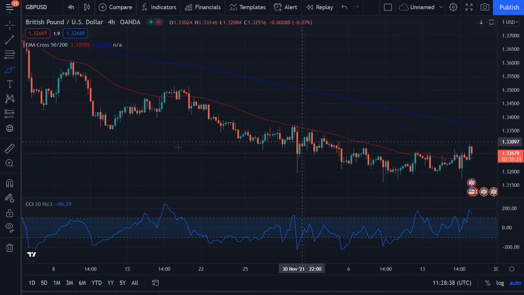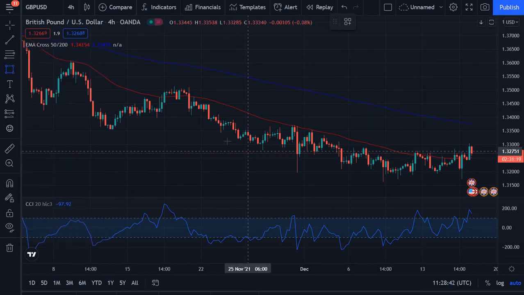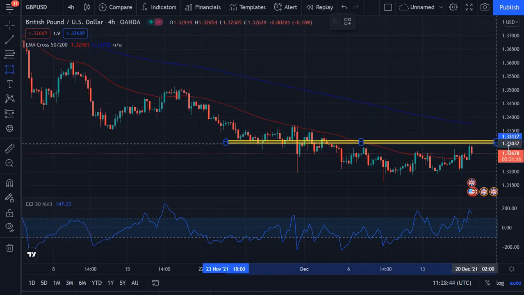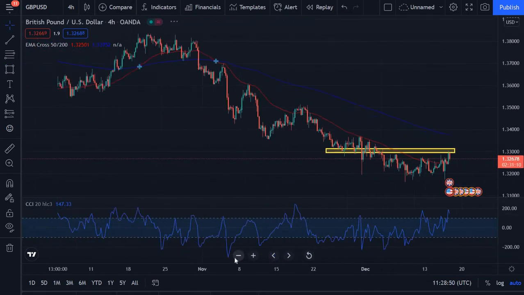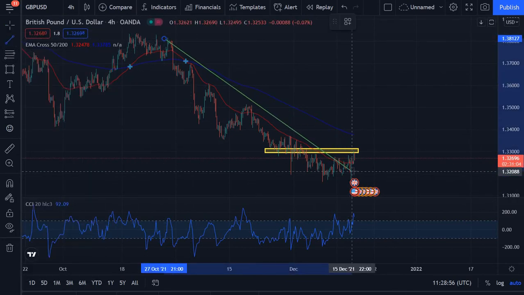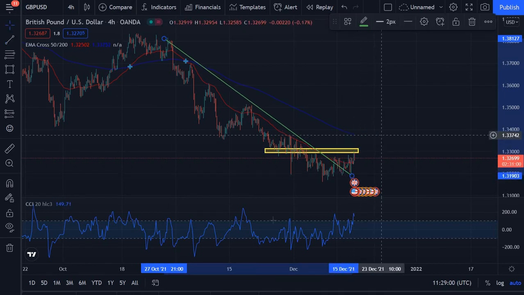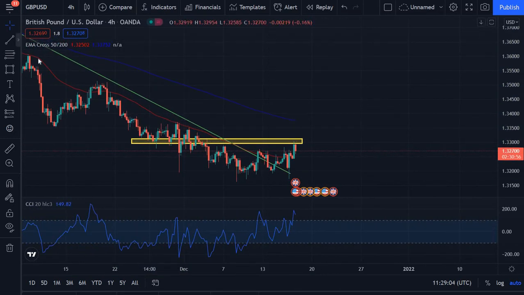So now we hit this zone here, and it looks like we will trade a bit higher for now. But overall, here was the trend line that we broke somewhere around here, so we could see a movement to the 200 EMA.